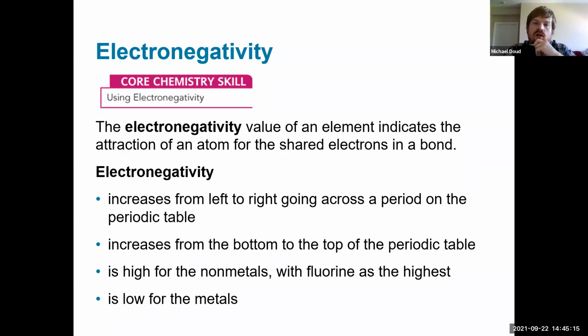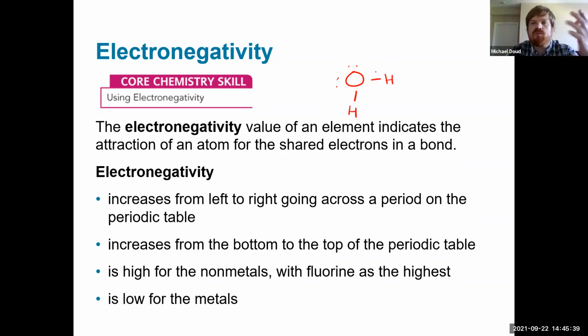That's why water is a polar molecule. Let's look at the Lewis structure for water real quick. This is the one that we drew earlier in our notes. Oxygen pulls on the shared electrons a lot harder than the hydrogen does.